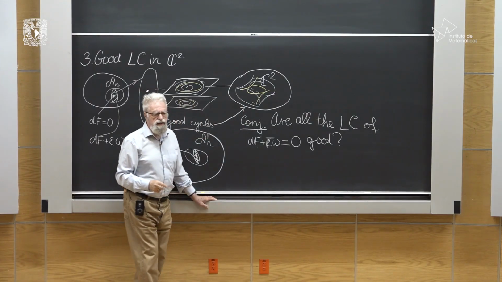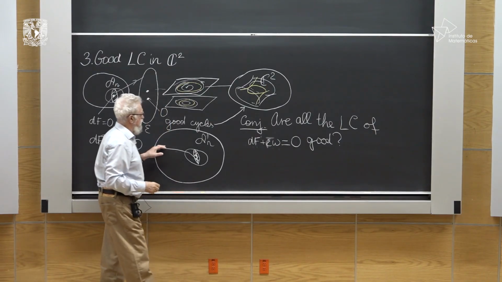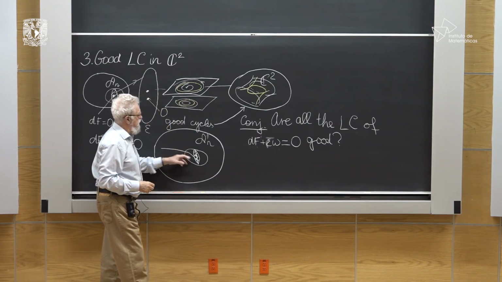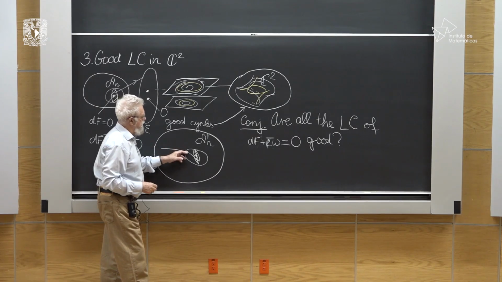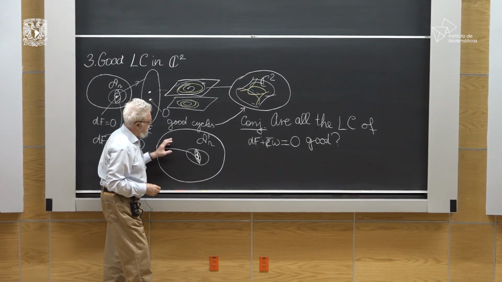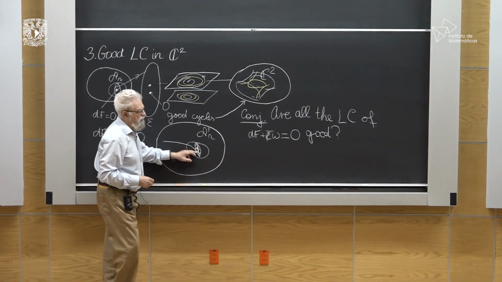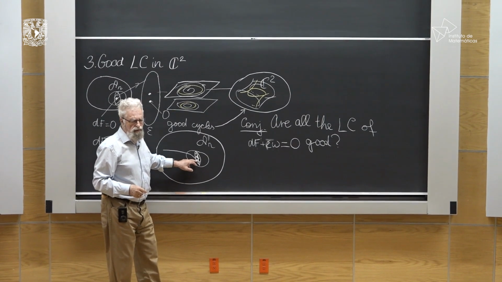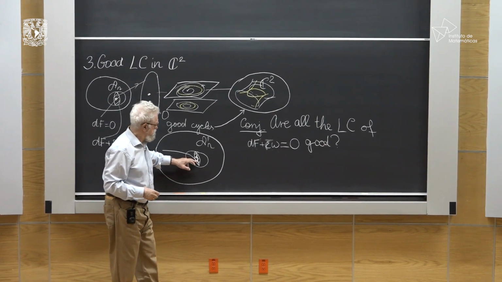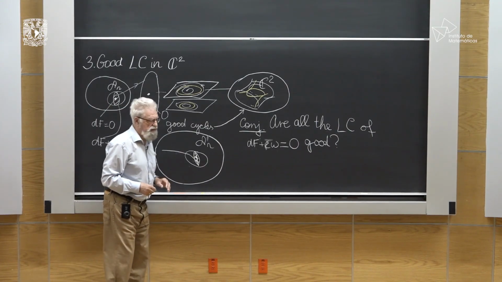So, is it correct that you had a long and difficult travel, you changed your equation, your polynomial vector field, you brought it to this family, and all the complex limit cycles that you brought here are good in the sense that we discussed?